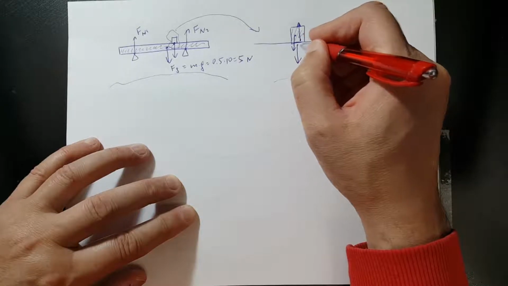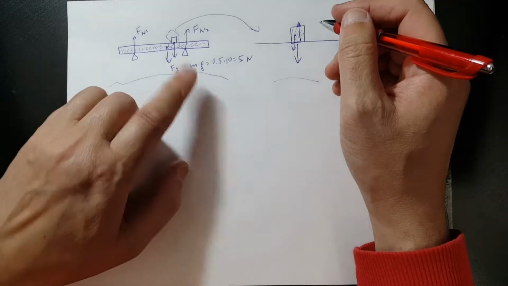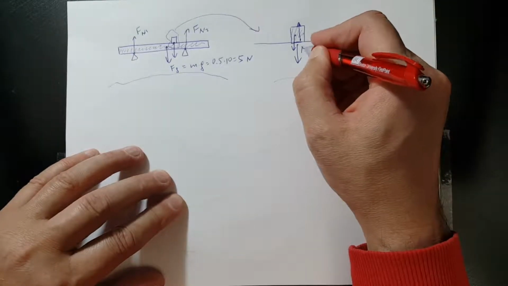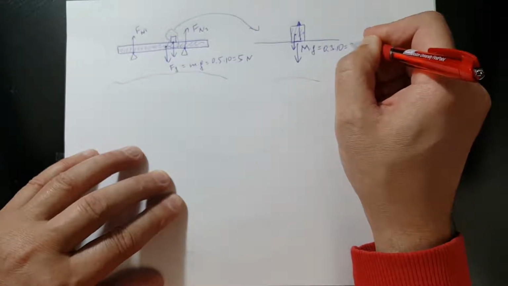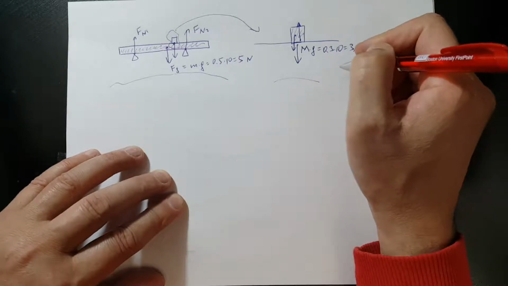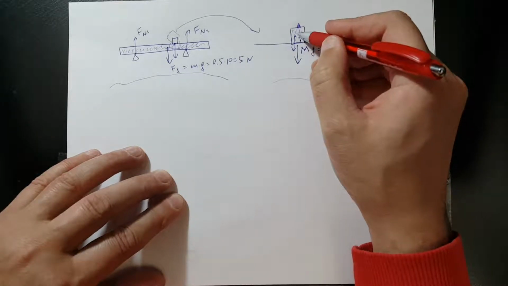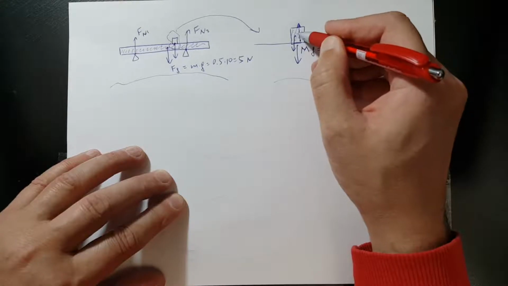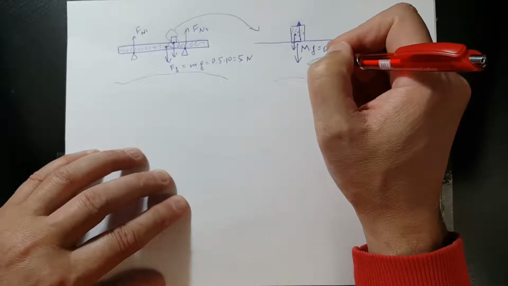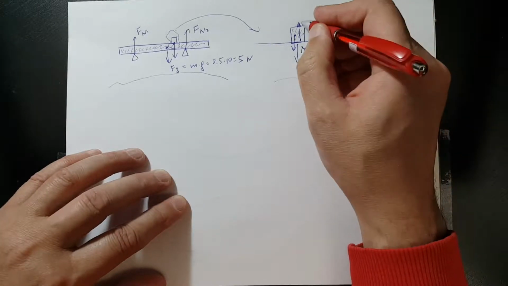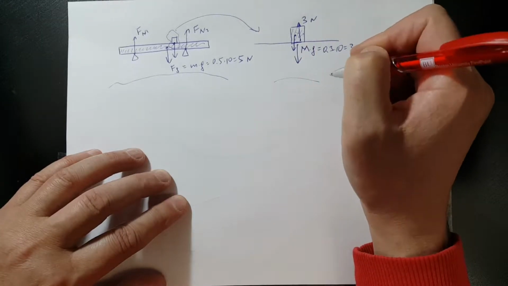This force is equal to mg, different m, same g, 3 newtons. Now, because this object is in equilibrium, these forces must have the same magnitudes. They have to cancel each other. Newton's second law gives zero acceleration. So this is also a 3 newton force.